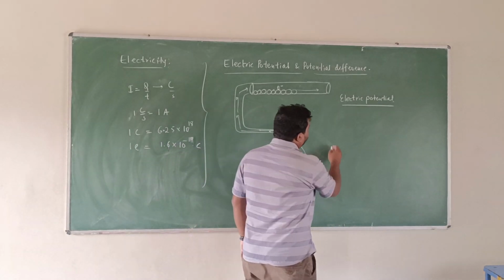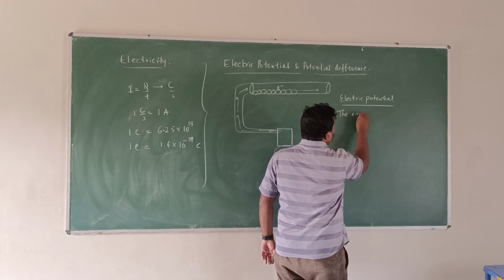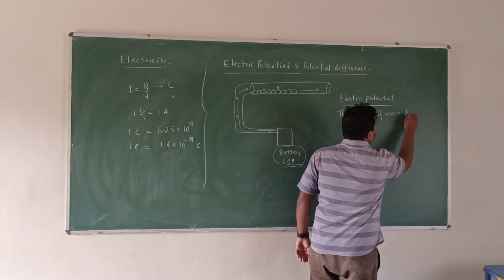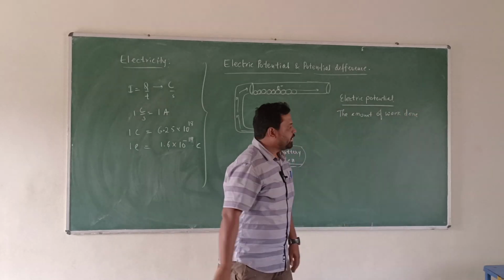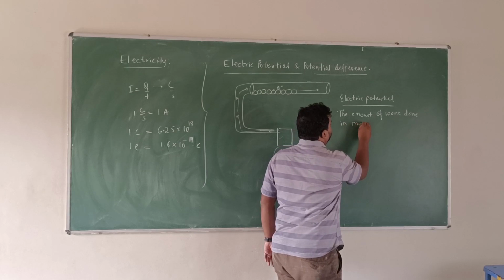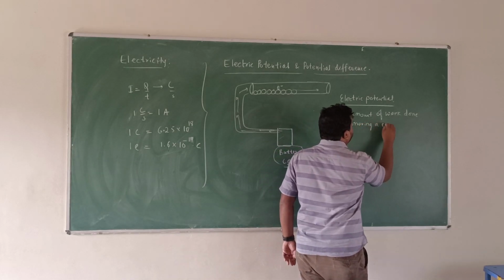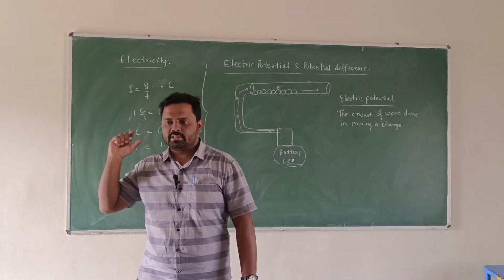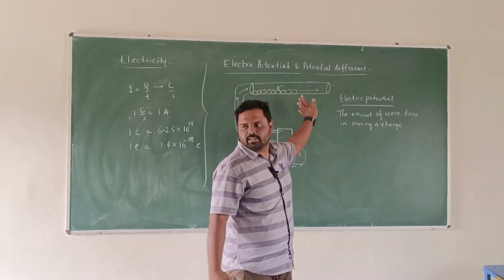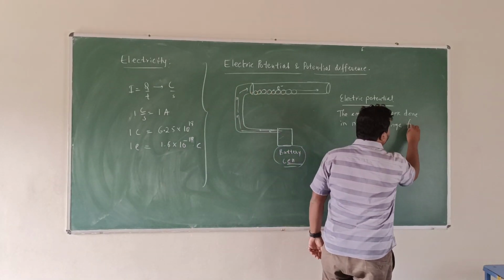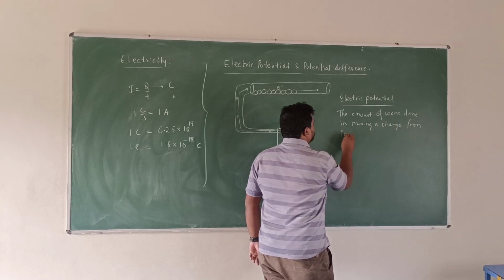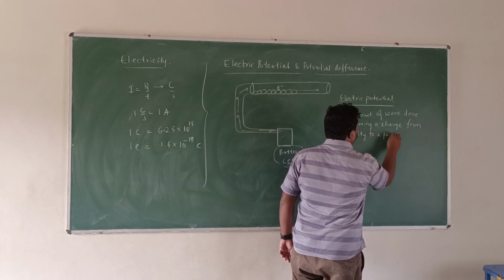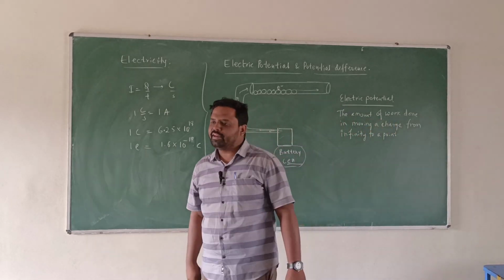Correct? So electric potential is basically defined as the amount of work done in moving a charge, in this case electrons, from infinity to a point.